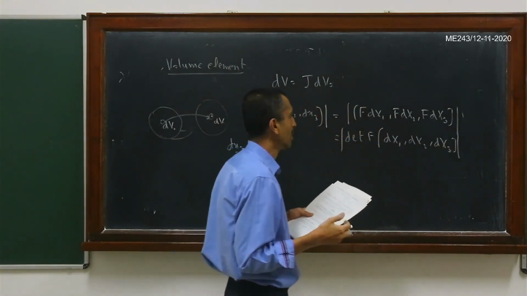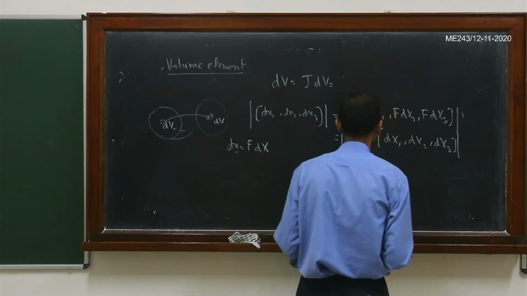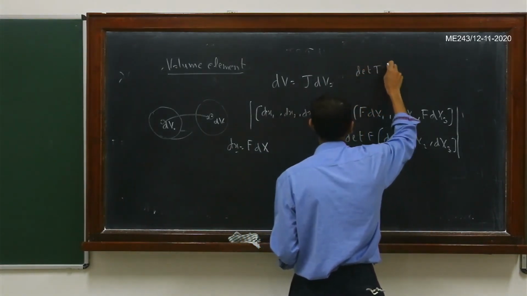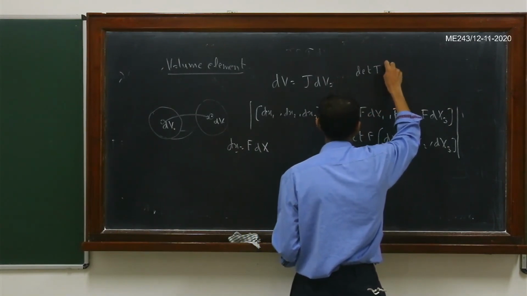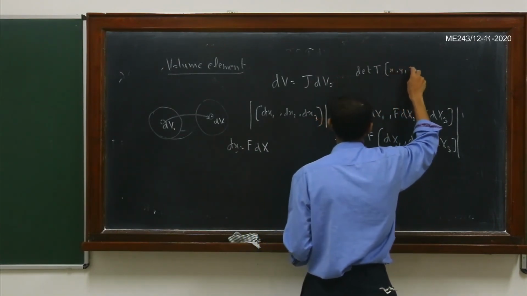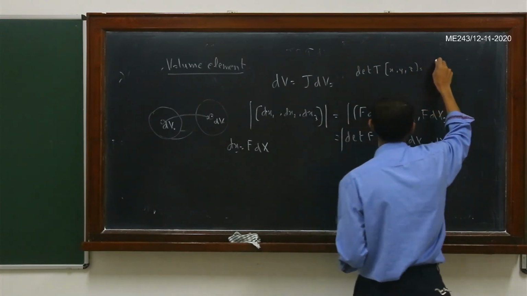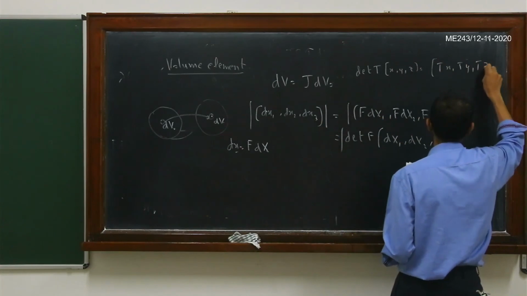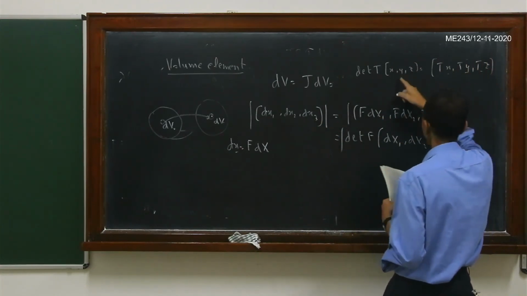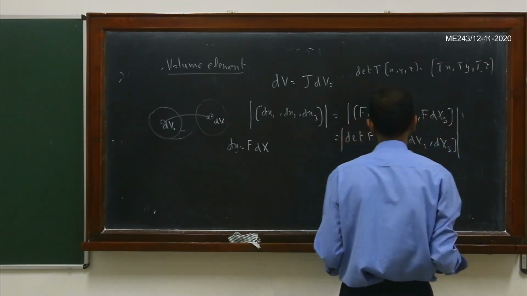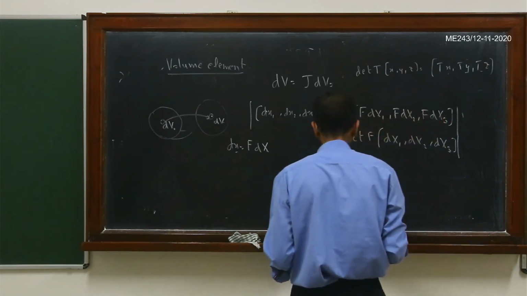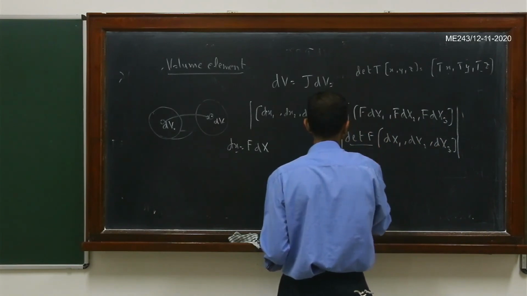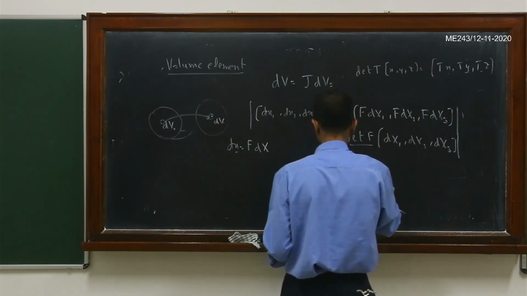If you recall, this was how we had defined it: the determinant of T times the scalar triple product of x, y, z was equal to the scalar triple product of Tx, Ty, Tz. So we are just using that definition here. And this is nothing but dV naught, and this is nothing but J. So this is equal to J times dV naught.